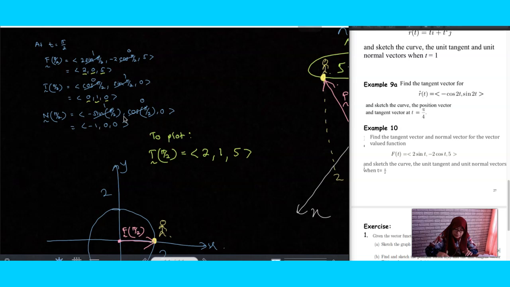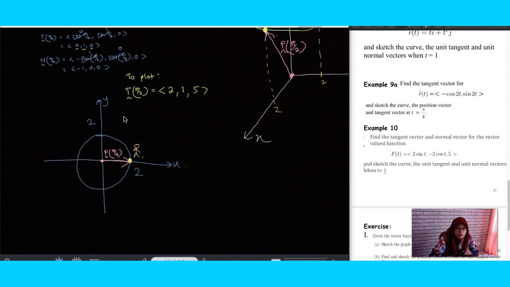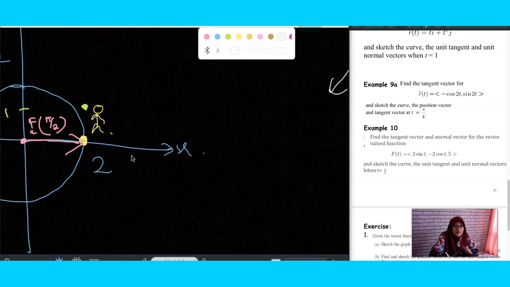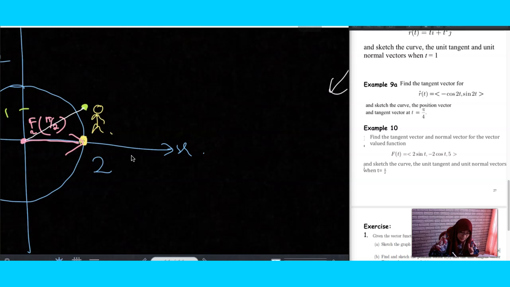So (2, 1, 5). Where is (2, 1)? Let's say I'm explaining using 2D. (2, 1): this is 2, this one is 1, so your point is here. Then how can you label the T? Please don't start from the origin, it is completely wrong.